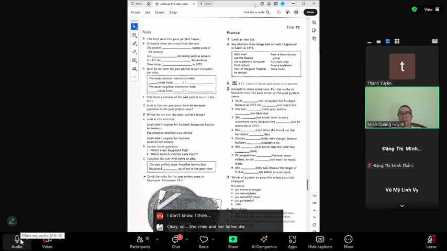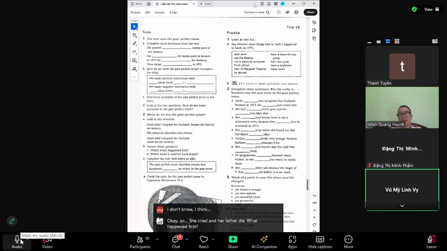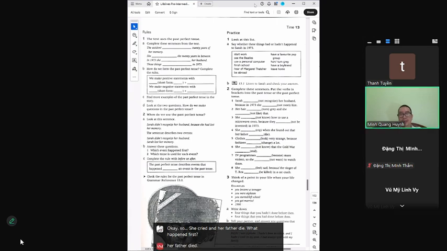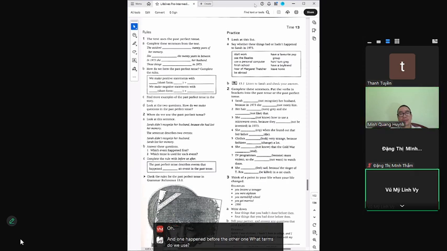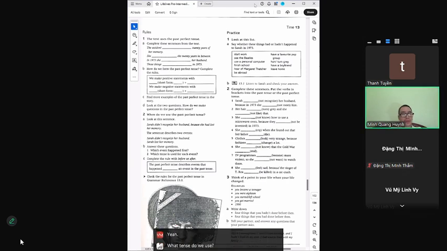What happened first? Her father died first. So you have two actions in the past, and one happened before the other. What tense do we use? Her father had died, past perfect.